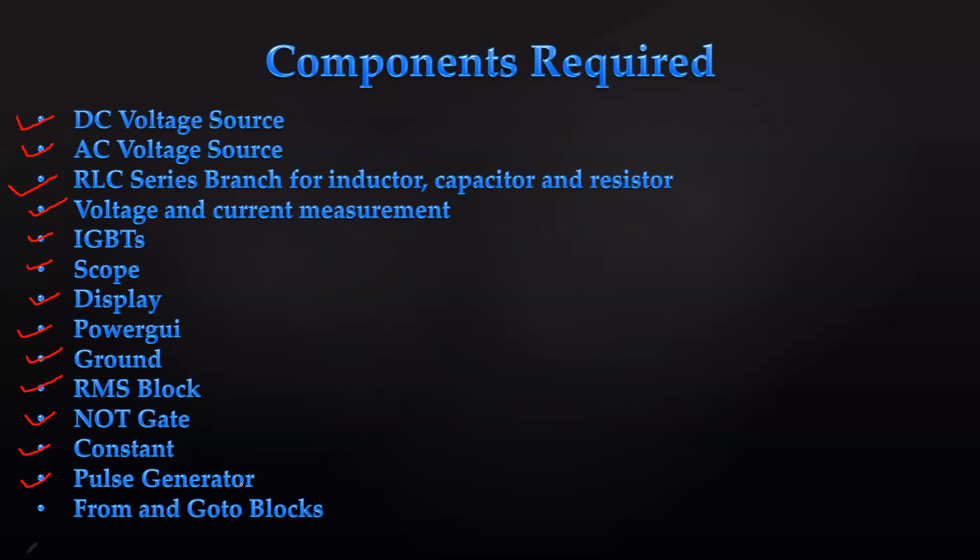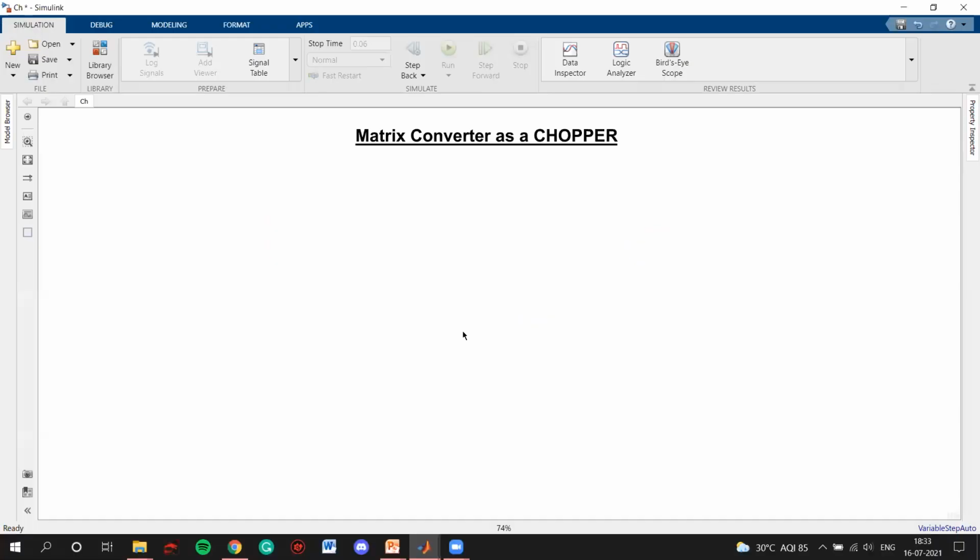We are using the ready-made pulse generator available in MATLAB Simulink, and From and Goto blocks. These are optional. We can directly connect using wires as well, but From and Goto blocks will make our circuit much simpler, right? So let's start the simulation.